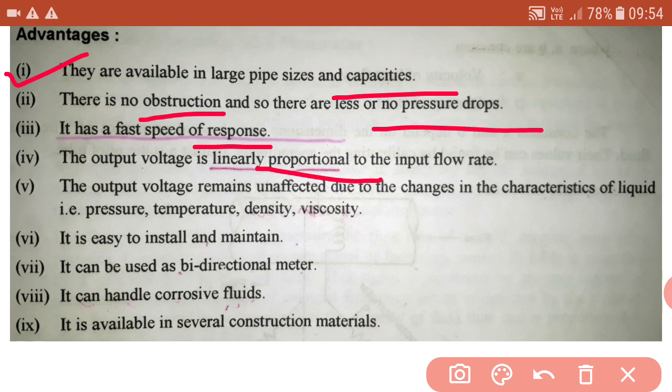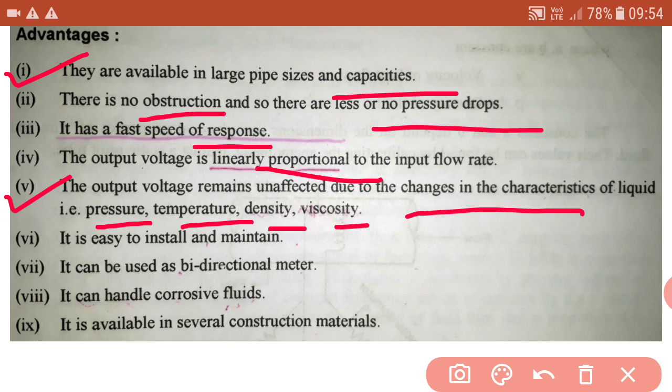The output voltage remains unaffected due to the changes in the characteristics of liquid. It means pressure, temperature, density and viscosity. These are the characteristics of liquid. If there is some change in any characteristic, then output voltage will be unaffected.